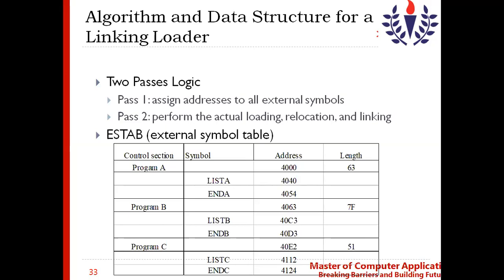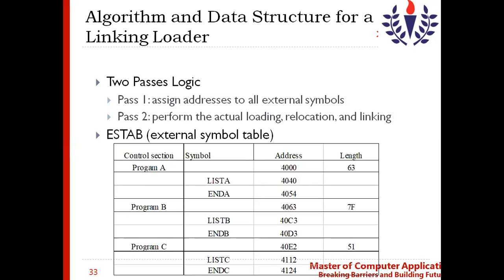The loader searches the symbol table, and if the entry is not there, it makes an entry for the symbol LISTA with the value. The value is 4040. How is this derived?